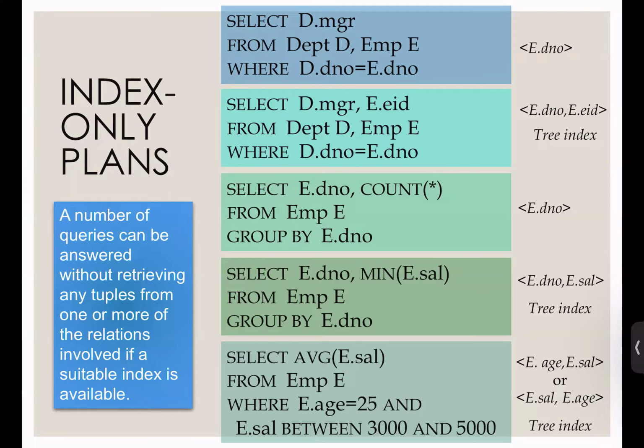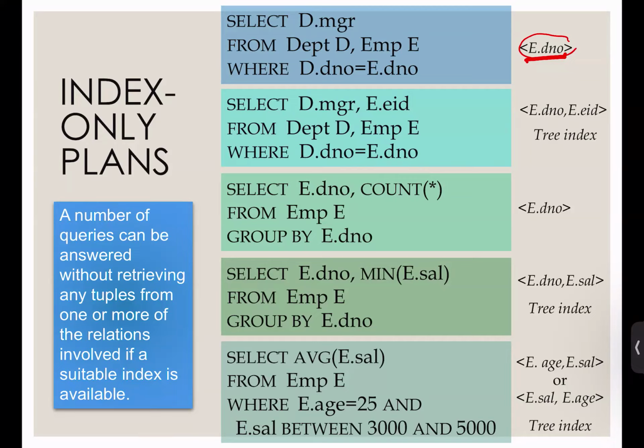So what we could do is, instead of accessing the department table and employee table, if we make the index on DNO of employee table, we don't have to access the employee table at all. We just list out the department number that some employee is listed for. That means that if we have something in the employee table DNO, that department already has someone there.